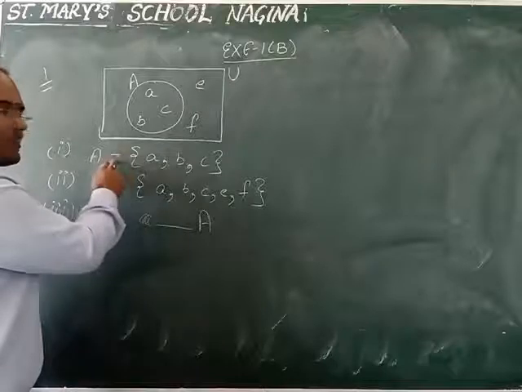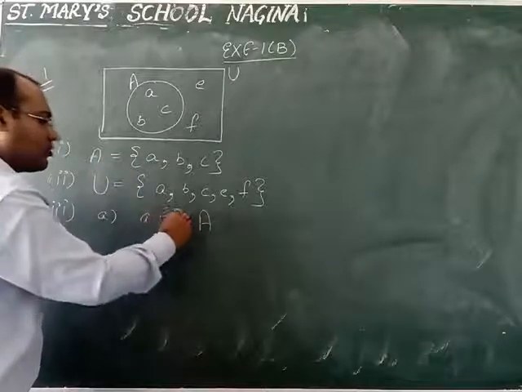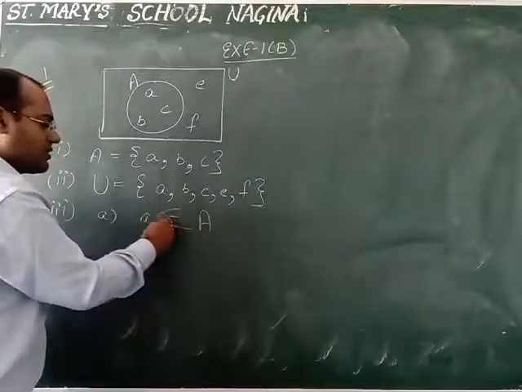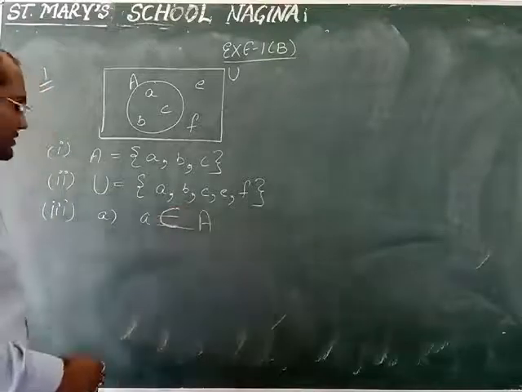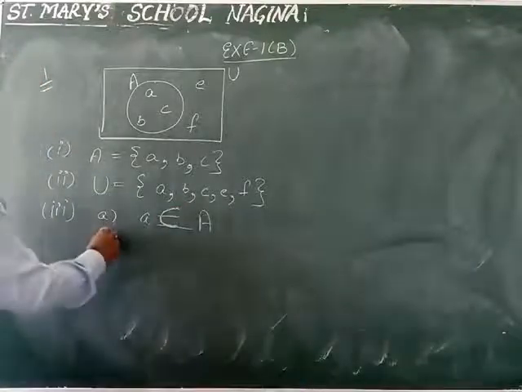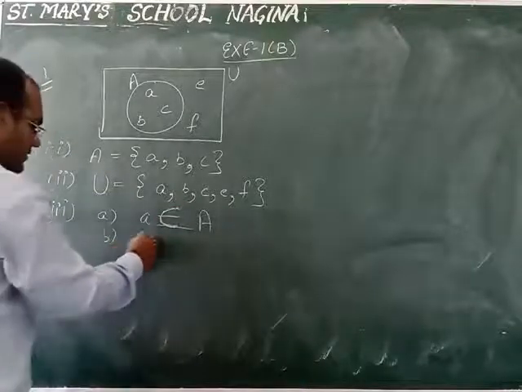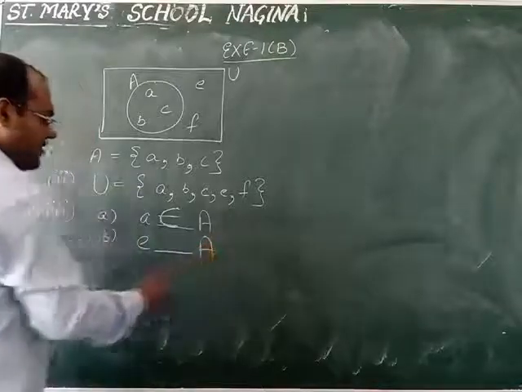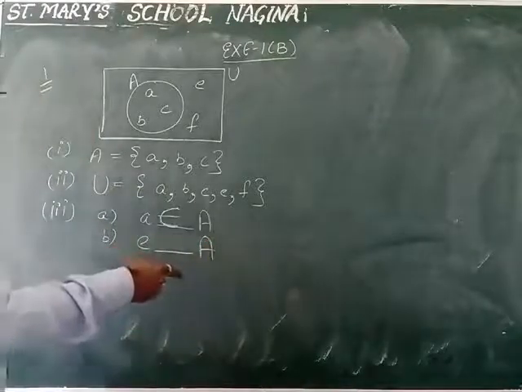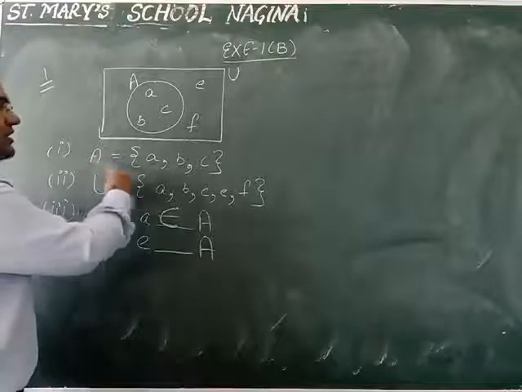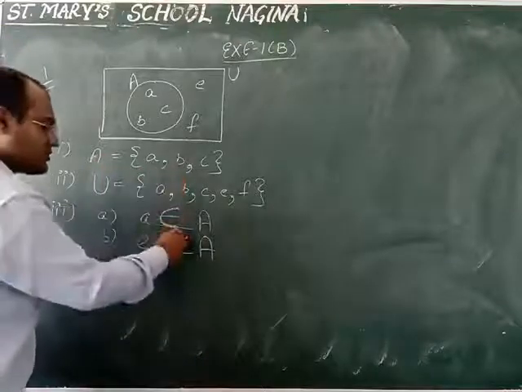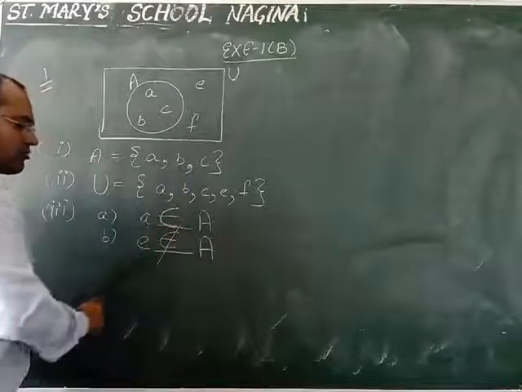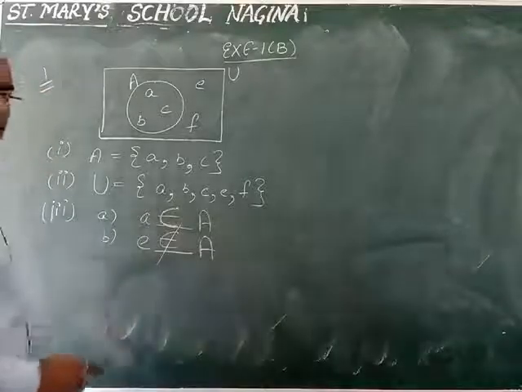Element A is there in the A set, so we will fill here belong. This symbol is known as belong to. Second part, E dash A. We have to check whether E is coming in A set or not. This is the A set. E is not written, so we will put not belong to. This symbol represents not belong to.